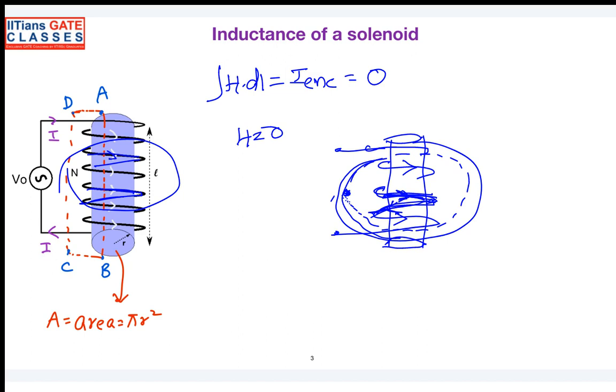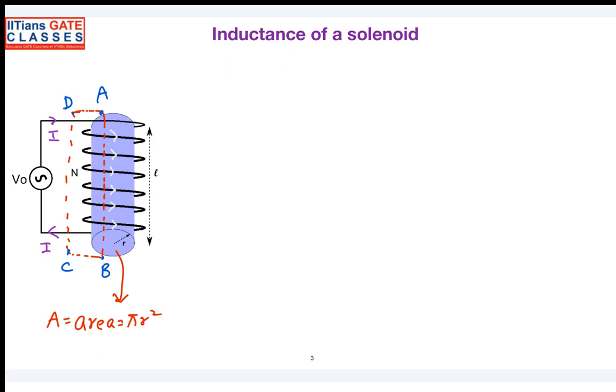So any questions here? What I mean to say is, when you are moving from D to C, there will not be any magnetic field because you are moving outside the solenoid. That point you have to remember.